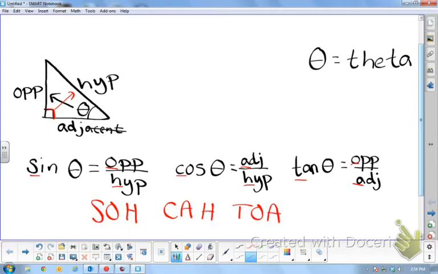That's the most common thing you'll hear when people are trying to remember their trig functions, is they'll say SOHCAHTOA. Kind of sounds like soak a toe or something like that. But SOHCAHTOA means sine equals opposite over hypotenuse, cosine equals adjacent over hypotenuse, and tangent equals opposite over adjacent. It's a way for us to remember that.